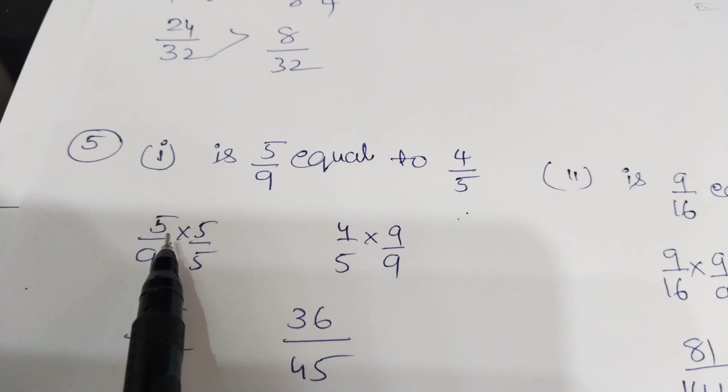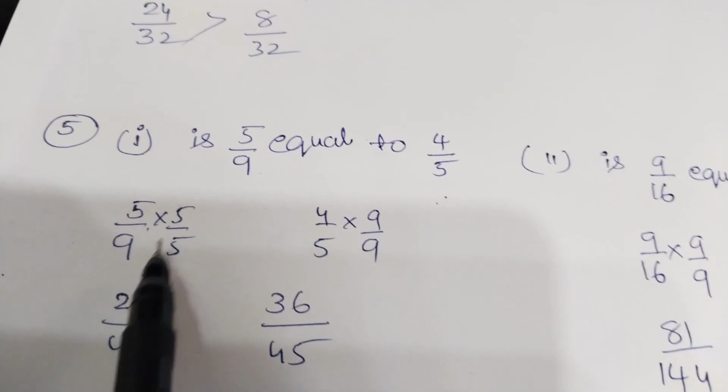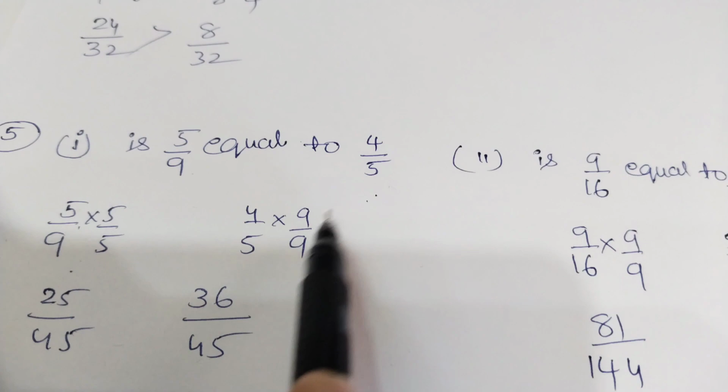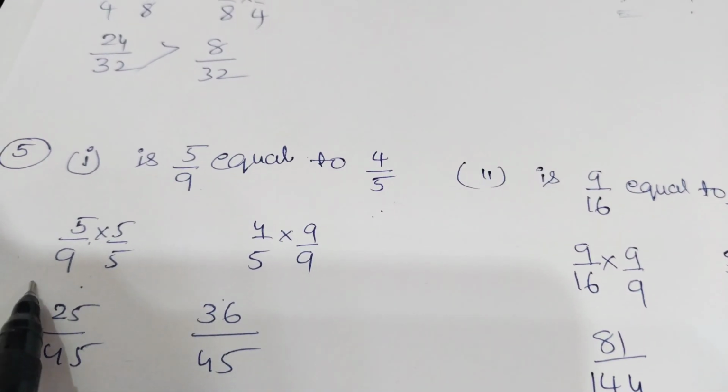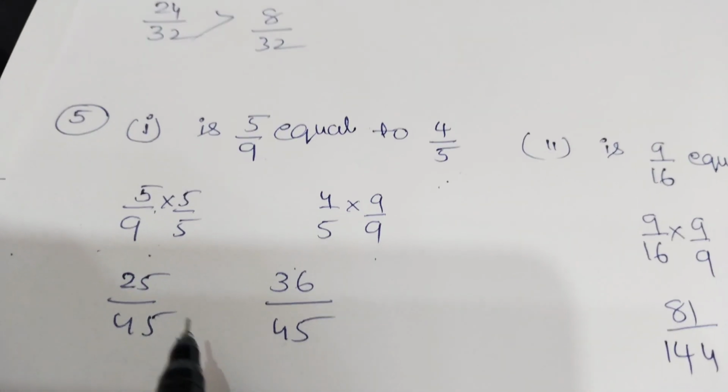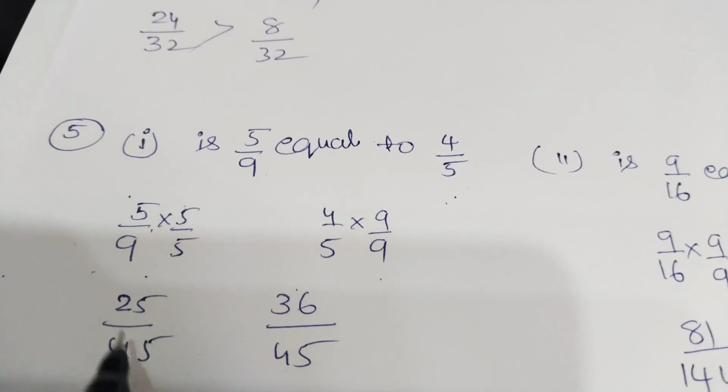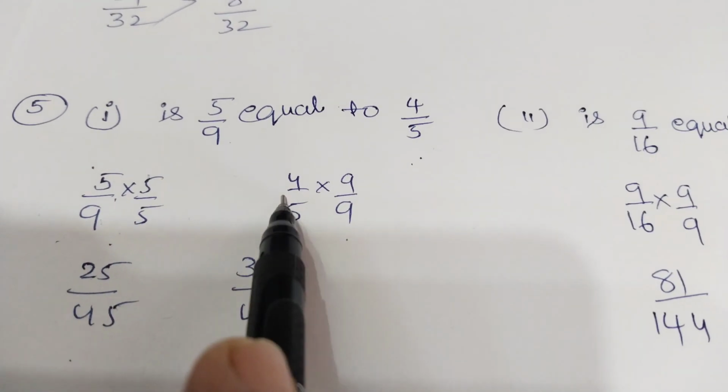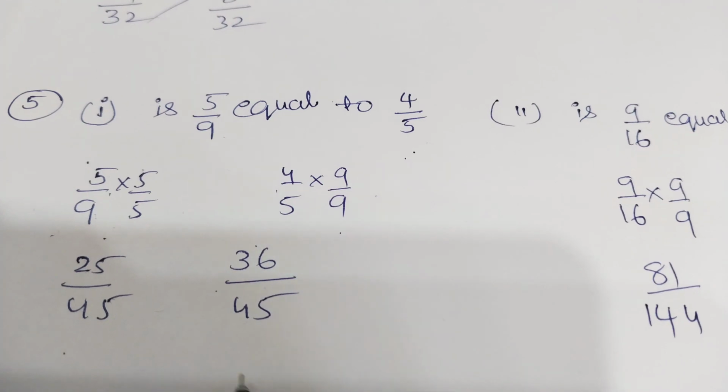We are going to convert these two fractions into like fractions. For that purpose I am going to multiply the first fraction with the second fraction's denominator, and the second fraction with the first fraction's denominator. By multiplying I get 5 5s are 25 by 9 5s are 45, and 4 9s are 36 by 5 9s are 45.